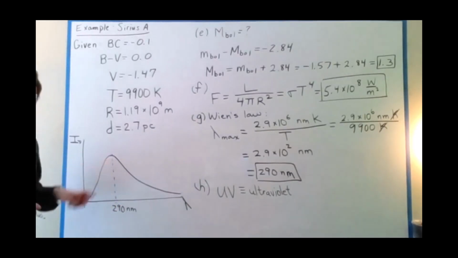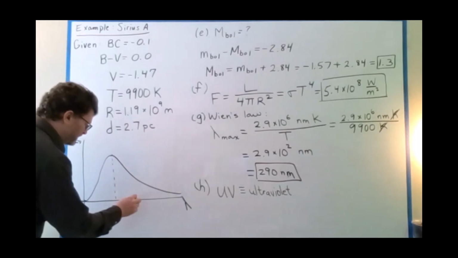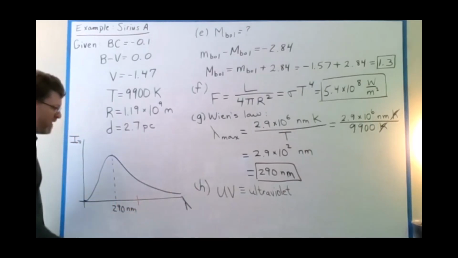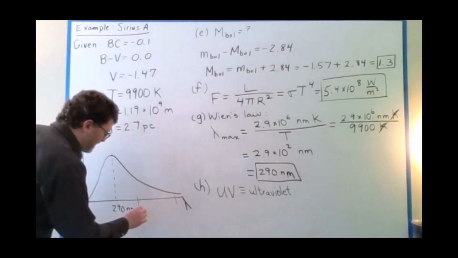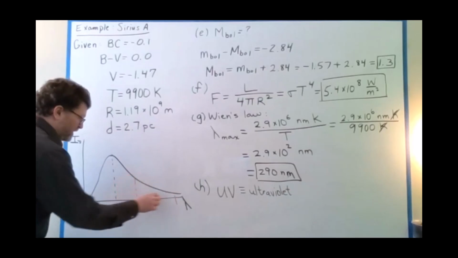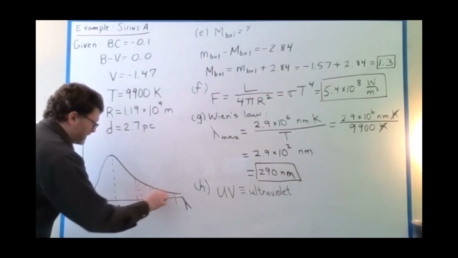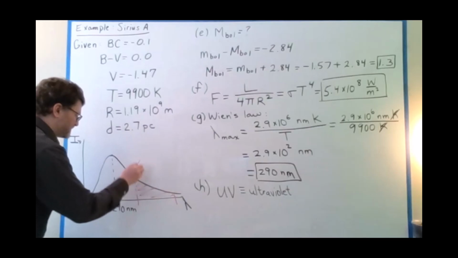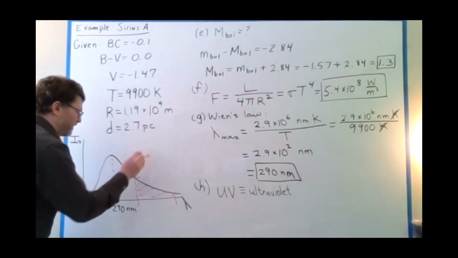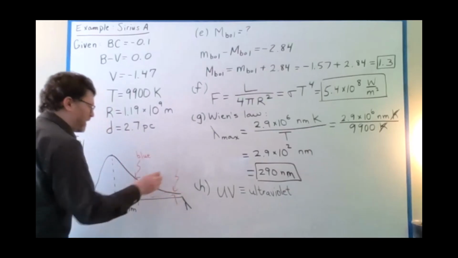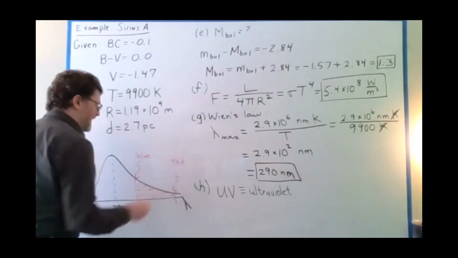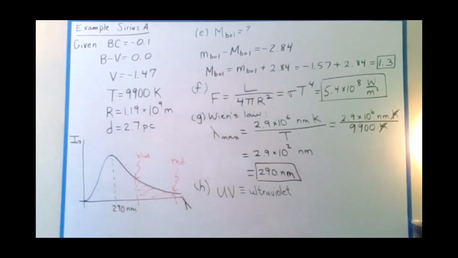It peaks, let's say, right around 290 nanometers, as we've calculated. The visible range would be somewhere from about 400 to 700 nanometers, so let's say that's this range out here. This is the blue end, or the violet end, at 400, and this is the red end out at 700.